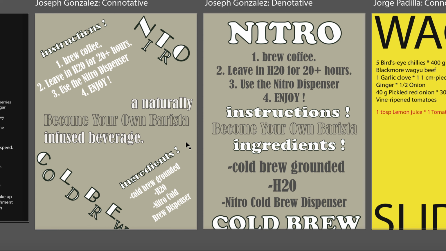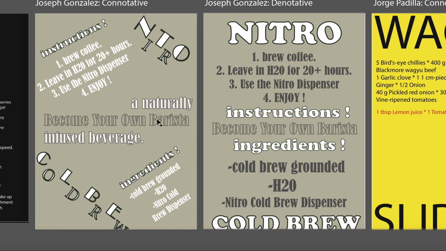So let's say you have this beige color here, and maybe reverse it out with this dark color, or this darker gray color you have for nitro, this outline, and then use the text in white, and just darken this out a little bit, and then bring some of that beige into areas like become your own barista or a naturally infused beverage.